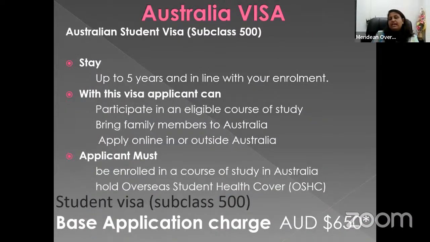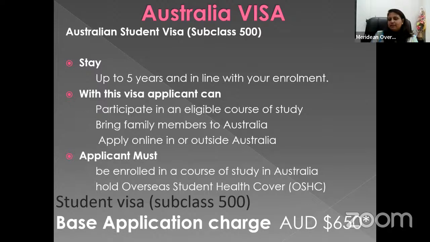Australia visa. As international students going for full-time education for a bachelor's or a master's program, we have to file an Australian student visa, which comes under subclass 500. As per visa subclass 500, we can stay in the country for up to 5 to 8 years. With this visa application, first we have to enroll in a full-time program.